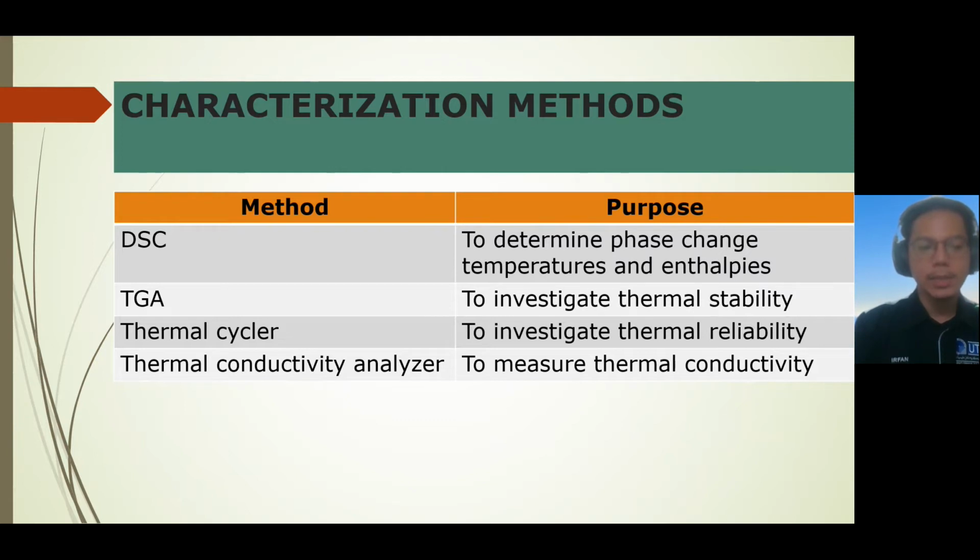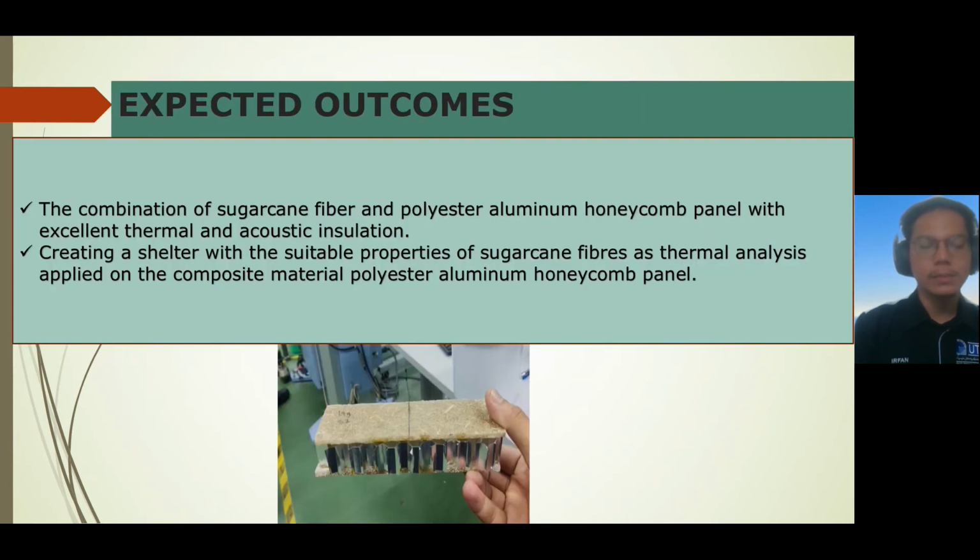TGA stands for thermogravimetric analysis, to investigate thermal stability. And then we have the thermal cycler to investigate the thermal reliability. The last one we have is the thermal conductivity analyzer, which is to measure the thermal conductivity.